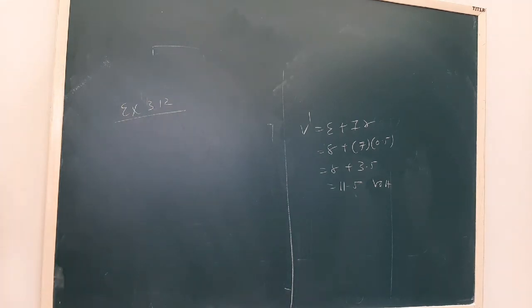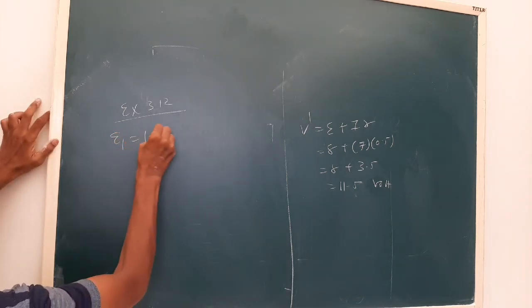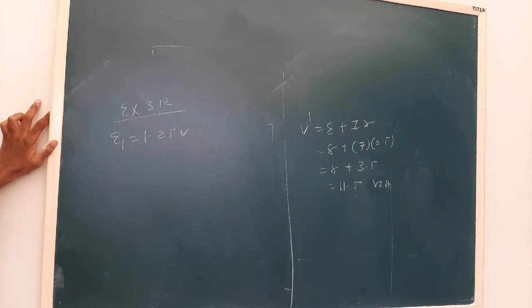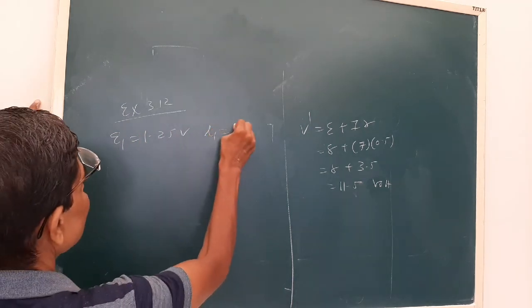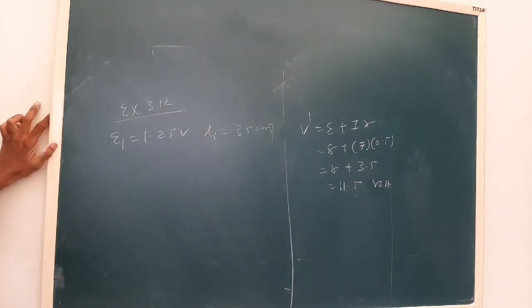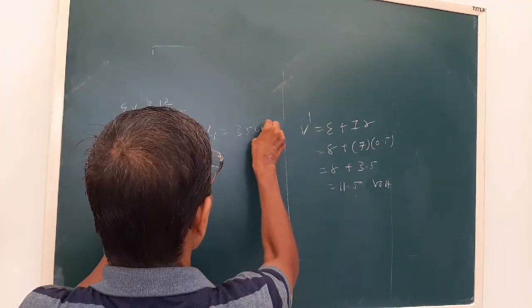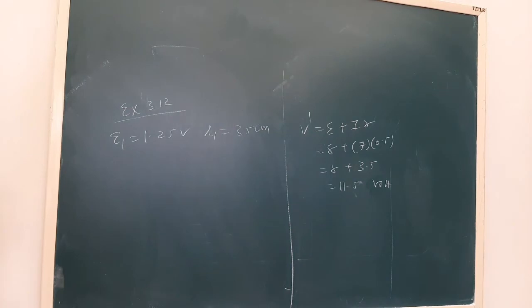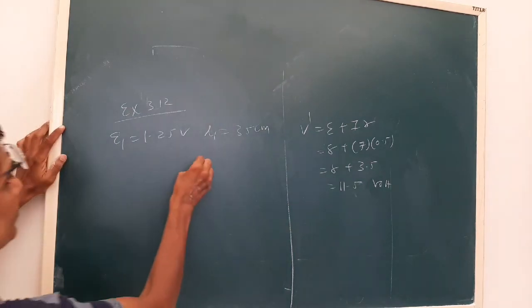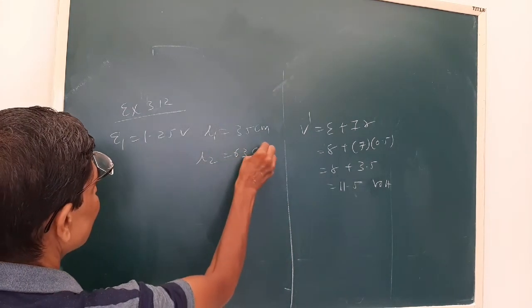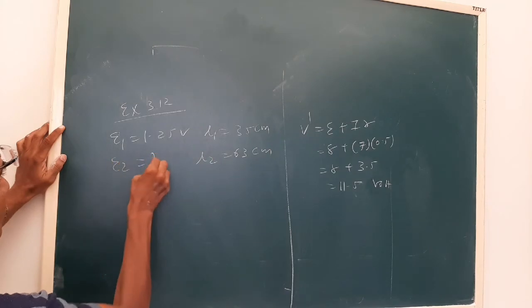Now next is exercise sum number 3.12. That is very simple. In a potentiometer arrangement, a cell of 1.5 volt has balance length L1 of 35 centimeter. This is an application of potentiometer, that is a comparison of EMF of the cells. When the null point shifts to 63 centimeter, what will be the EMF?